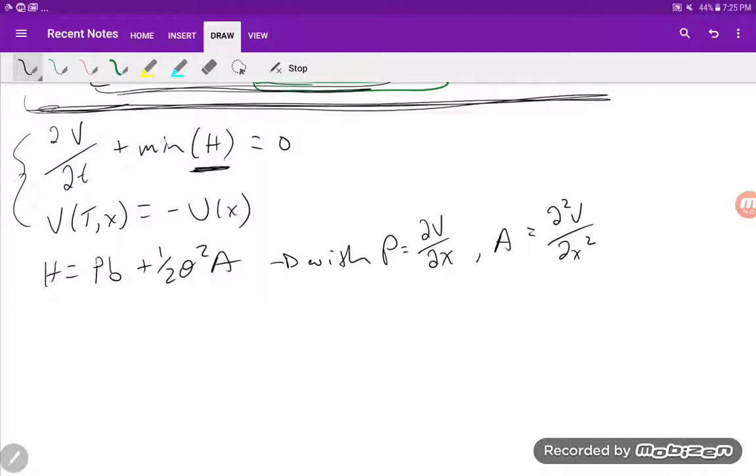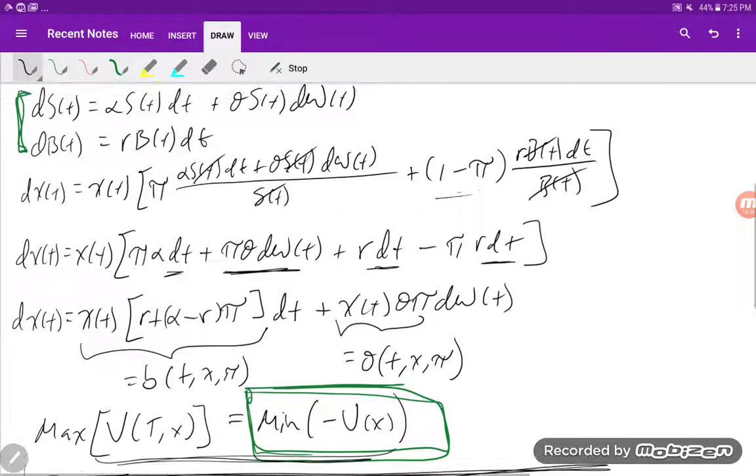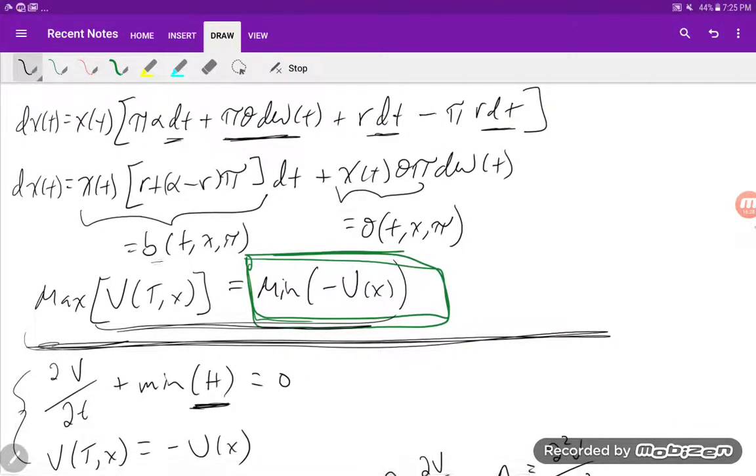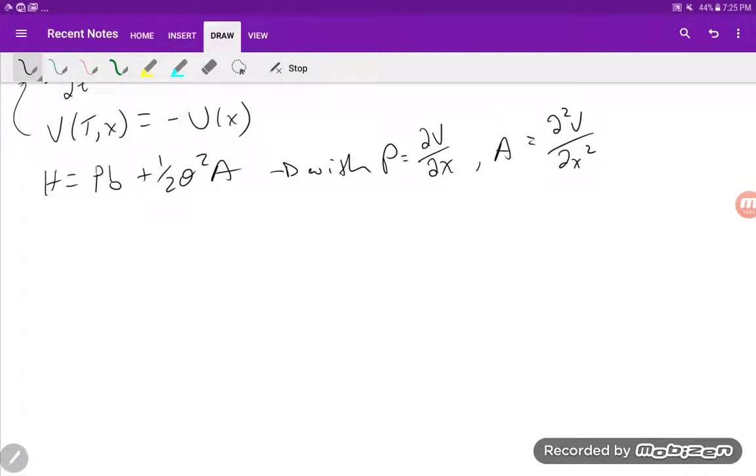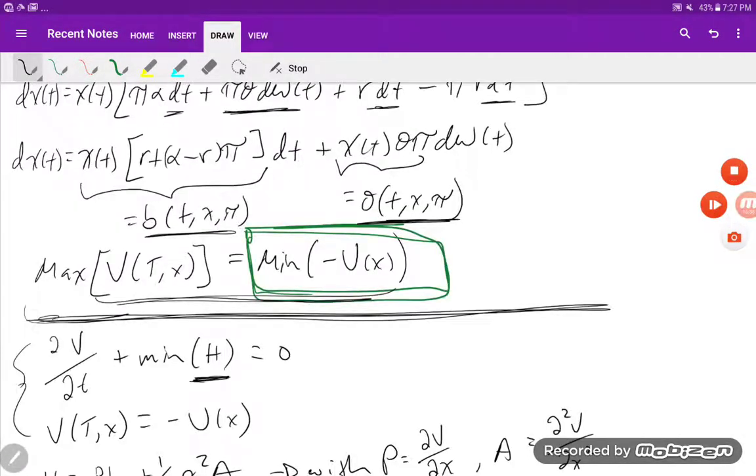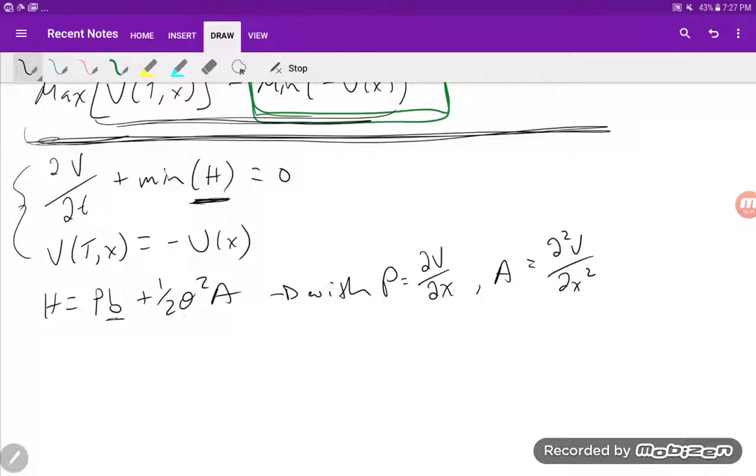And if you remember, we defined B and sigma here. Those correspond to the B and sigma in here.